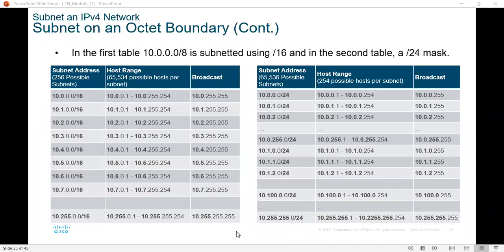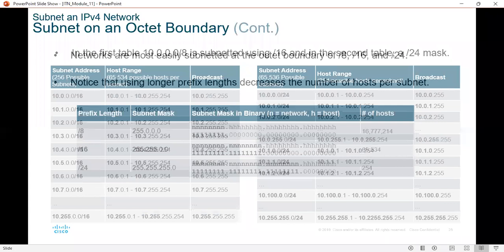And ideally, what should be the subnet mask for class A? Ideally, the subnet mask for class A should be 255.0.0.0. Now, let me go back to show you that. We'll still come back to what we are doing.